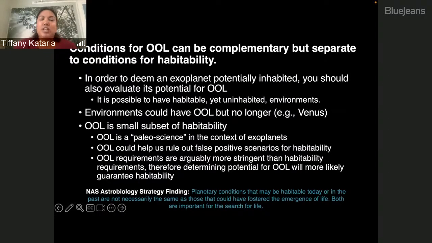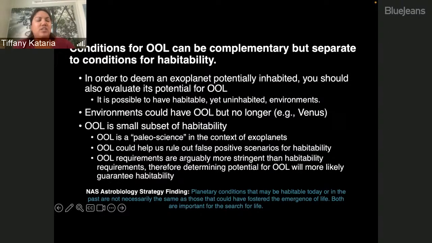And so in order to deem an exoplanet potentially inhabited, you should, I think, also evaluate its potential for the origin of life, because it's possible to have habitable yet uninhabited environments. Environments could have had origin of life conditions, but don't have them any longer. Venus may be an example of this. And origin of life I would consider to be a small subset of habitability in terms of perhaps its criteria.